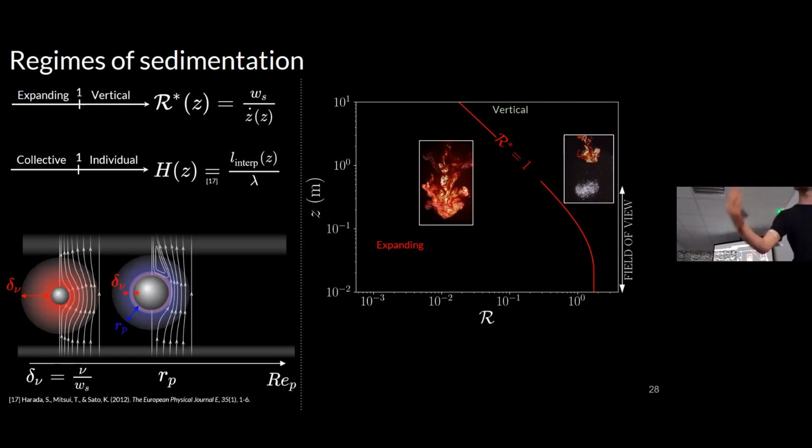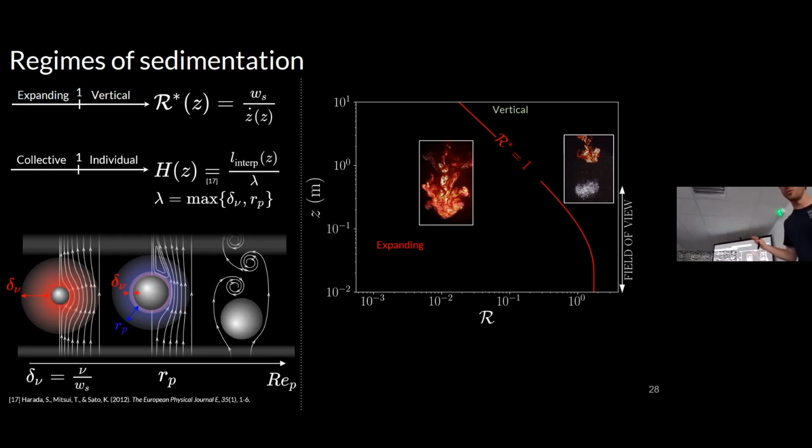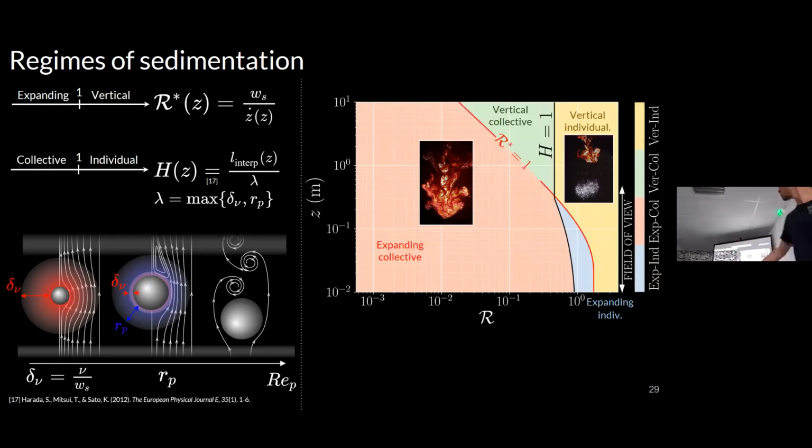And if you even increase further the size of the particle, now you have wake effects, but basically you can say that the wake close to the particle scales as the size of the particle itself. And so to be general, you can say that in this range of Reynolds numbers, lambda is the maximum between the inertial screening length and the size of the particle. And so just from this, you can compute the moment when h is equal to 1.